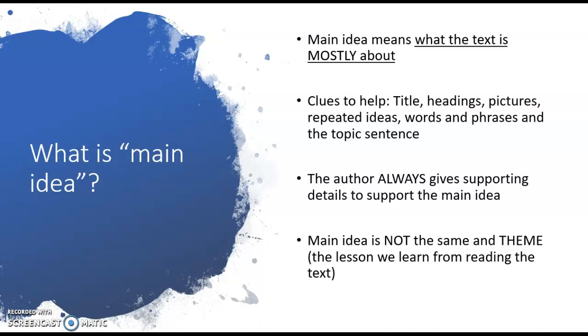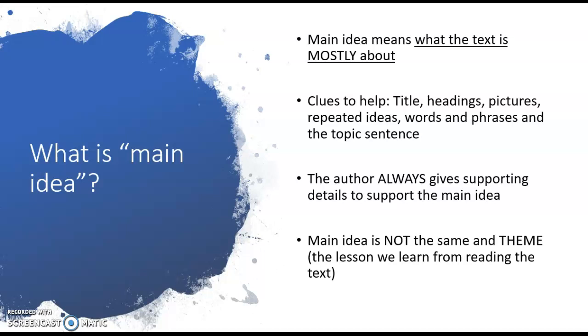We also use headings in nonfiction text, like nonfiction text features. We can also use pictures. We also have to think about repeated ideas, words, and phrases that the author uses. And then, of course, we can look for a topic sentence. Sometimes that's located at the beginning of a text, sometimes it's even located at the end. But either way, those are some clues that can help us figure out what we're about to read about.